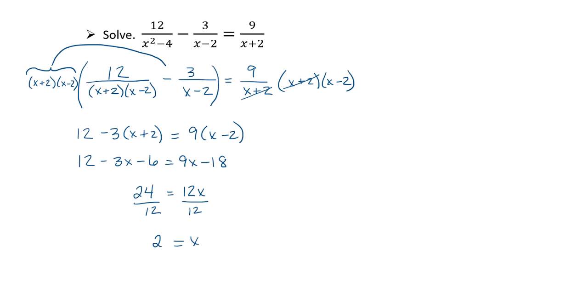Now, it seems like all is well and good, except that if I would actually use 2 in our denominator, it causes this fraction to have a 0 denominator and this fraction to have a 0 denominator, so we can't actually use that. And since this was the only solution that we came upon, we're going to have to say that this has no solution.